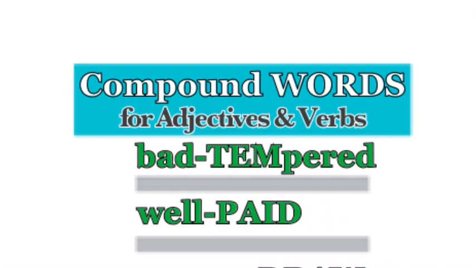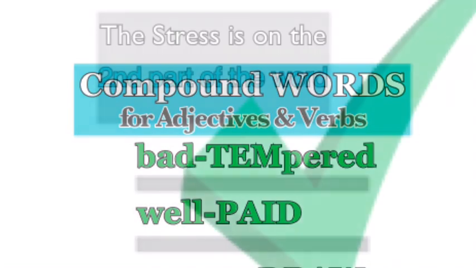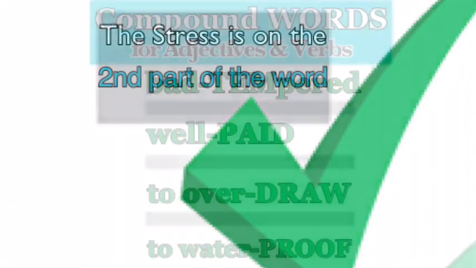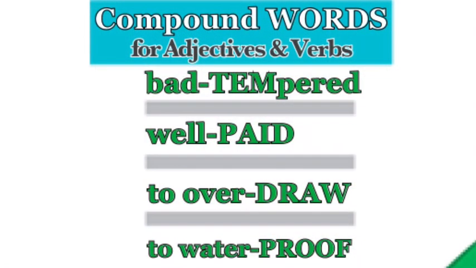Remember, there are more than that. We've only chosen the most practical ones. You're welcome to share the ones you're familiar with. For compound words that are adjectives and verbs, the stress is on the second part of the word. Examples: a bad-tempered man, a well-paid employee, to overdraw your account, to waterproof your house.